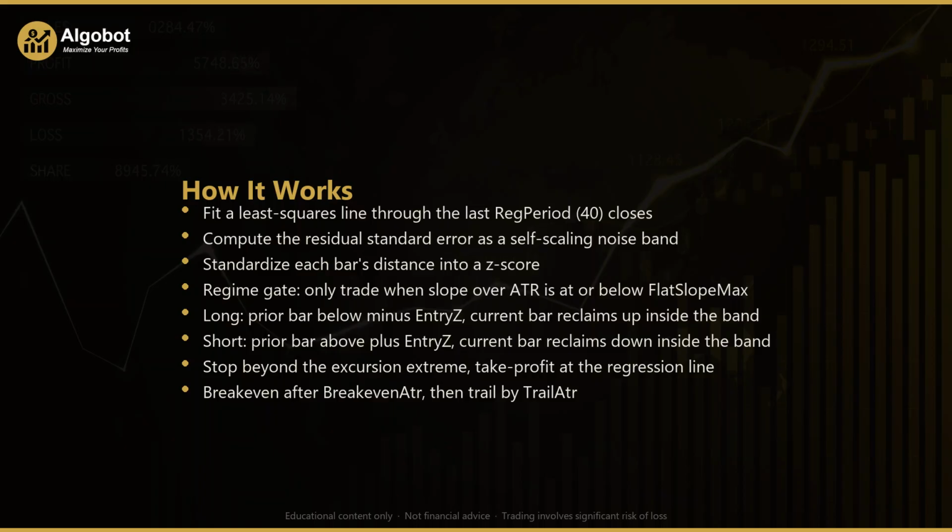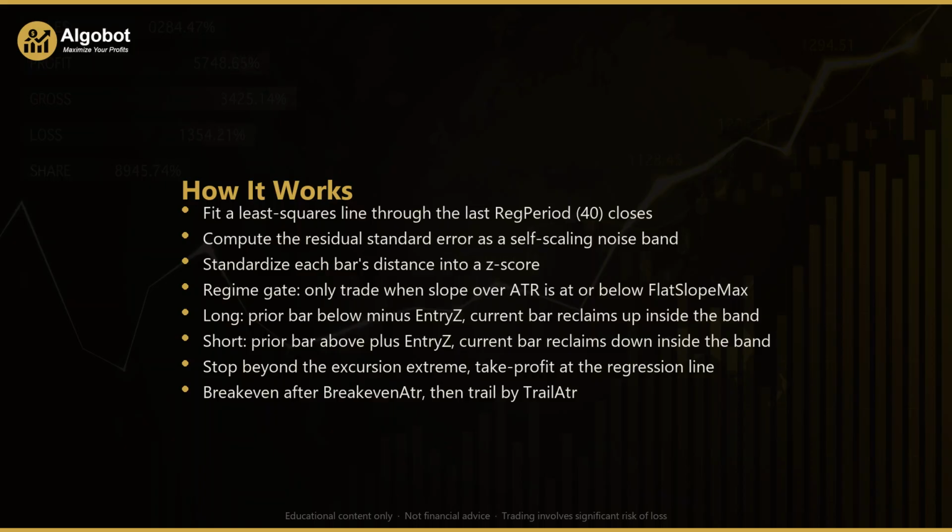That value is the regression standard error, a self-scaling noise band that naturally widens in volatile conditions and tightens in quiet ones. Third, it divides the two most recent bars' residuals by that standard error, giving each a standardized score, or z-value, measuring how many regression standard errors the bar sits from the line.